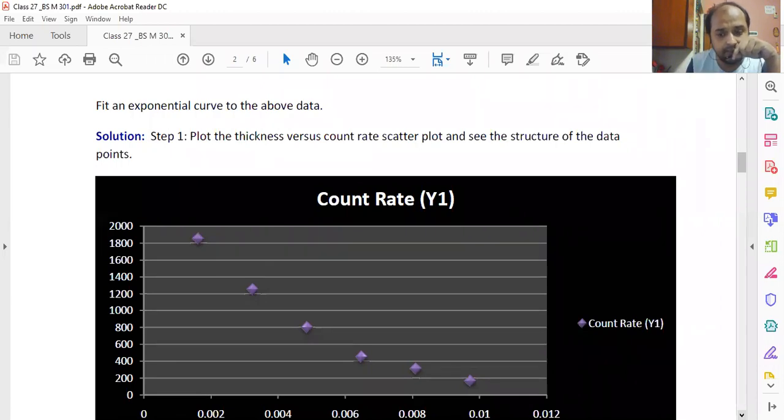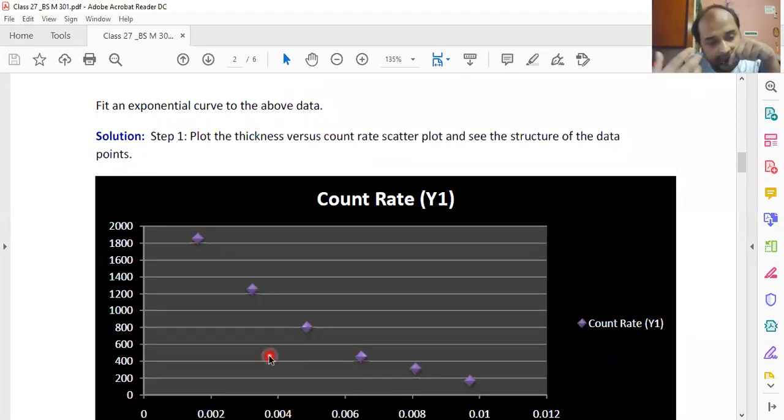The scatter diagram gives you this kind of structure for the given set of data: the count rate with respect to the aluminum thickness is a falling curve. It has a kind of downward exponential nature.